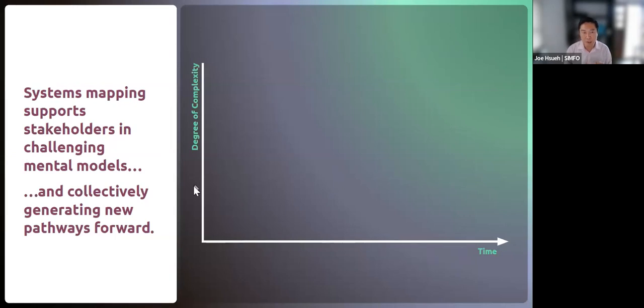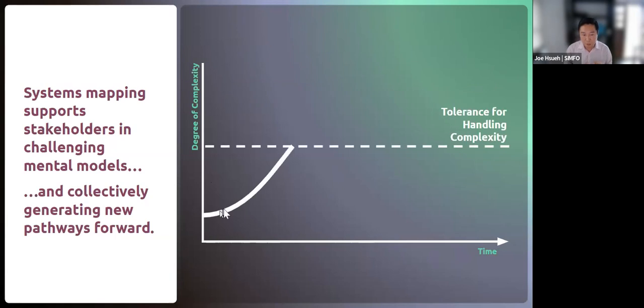This is the degree of complexity. It's very likely as your mapping complexity increases, you will hit this dotted line, tolerance for handling complexity. In your mind, you're like, oh, that's too complex, too messy. Let me just go back to what I'm comfortable with, what I know best, what I can act on most effectively. So you're back to silo thinking.